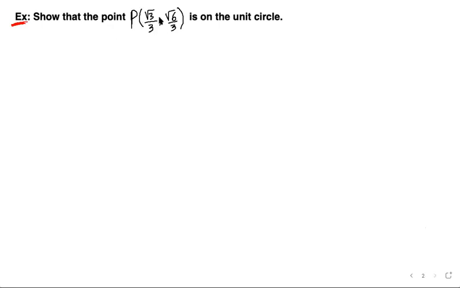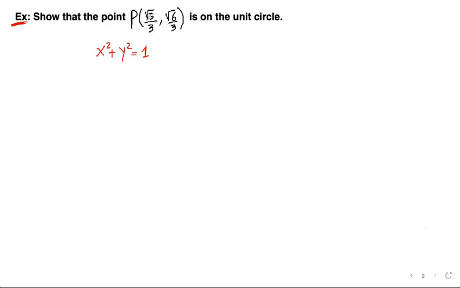So I have to plug this point into the unit circle equation and check if the answer is 1. If the answer is 1, this means the point is on the unit circle.